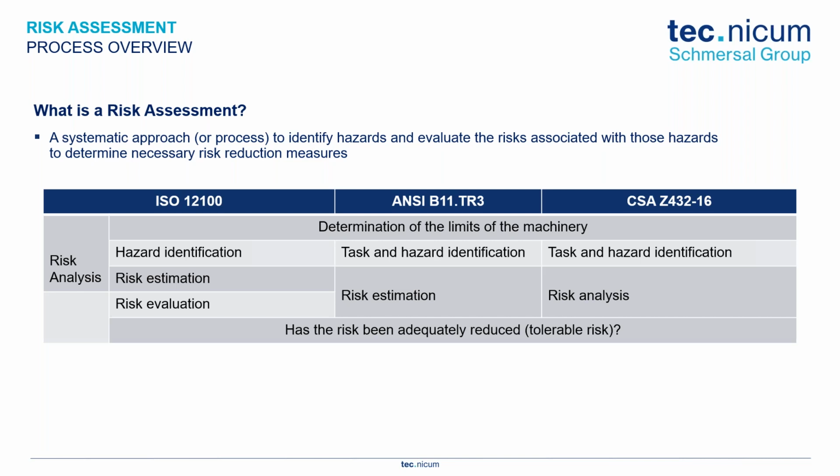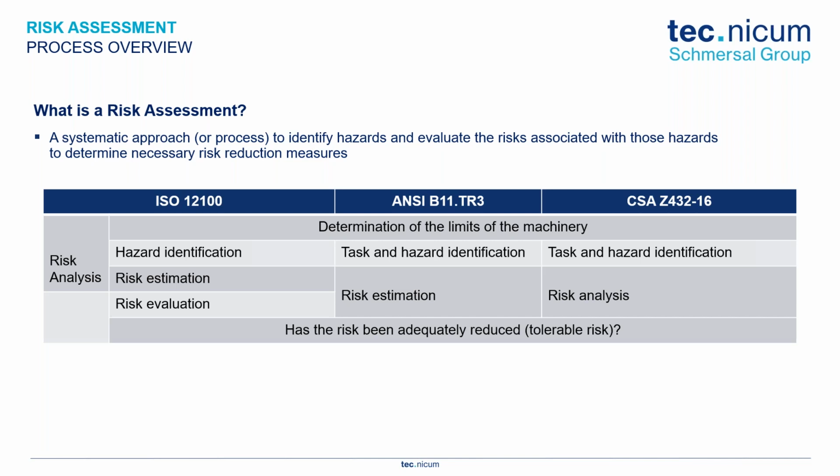Okay? So ISO 12100 says we're going to do a hazard identification and a risk estimation and a risk evaluation. Okay, fine. ANSI and CSA says that we're going to do a task and hazard identification. Okay, all three of those, we're going to see what the hazards are. And all three of them, we're going to do a risk estimation.